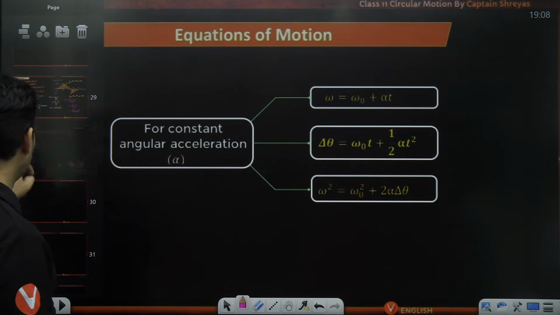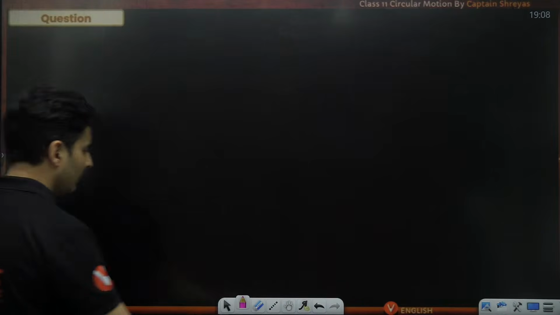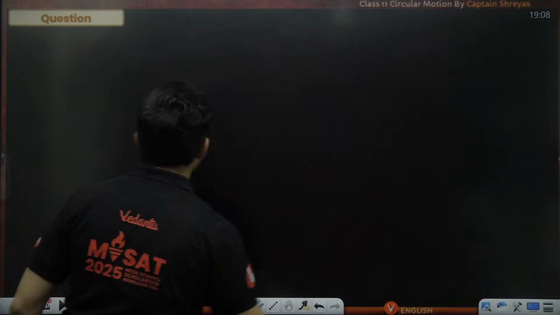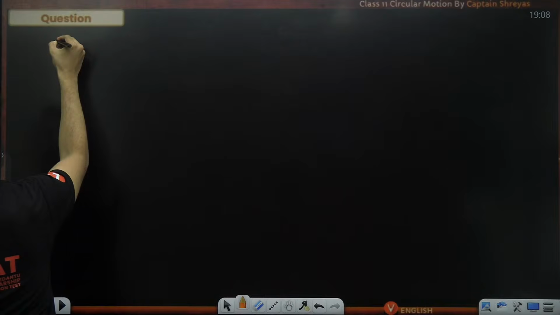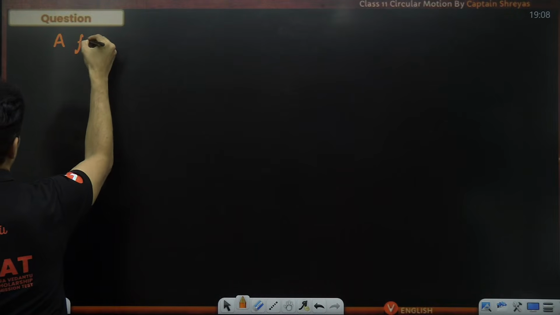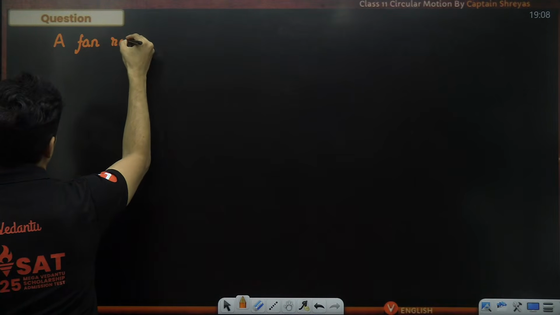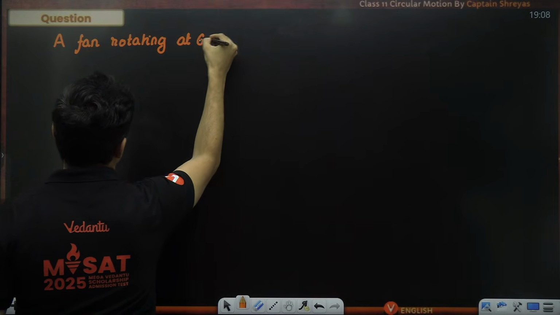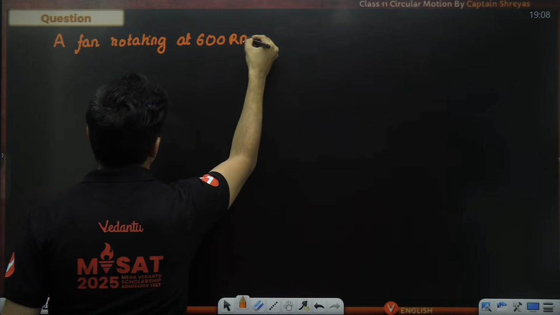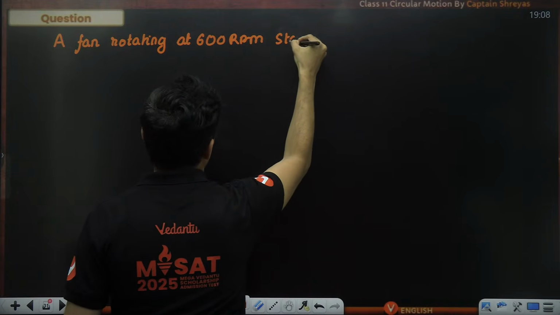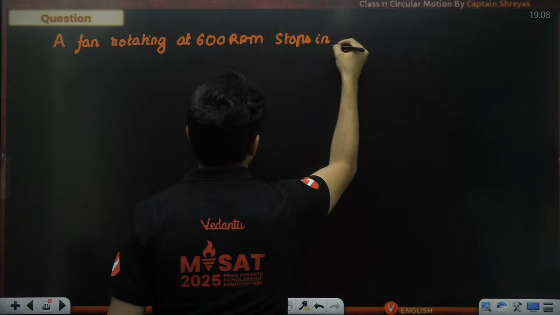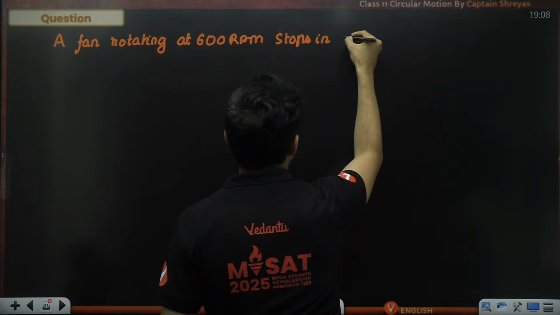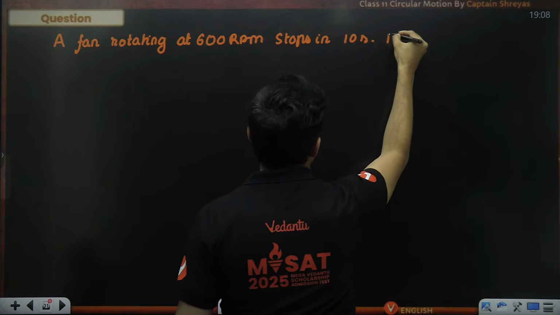All right. So let's do some questions on the kinematics part. Imagine it is given to me that a fan rotating at 600 rpm stops in 10 seconds.